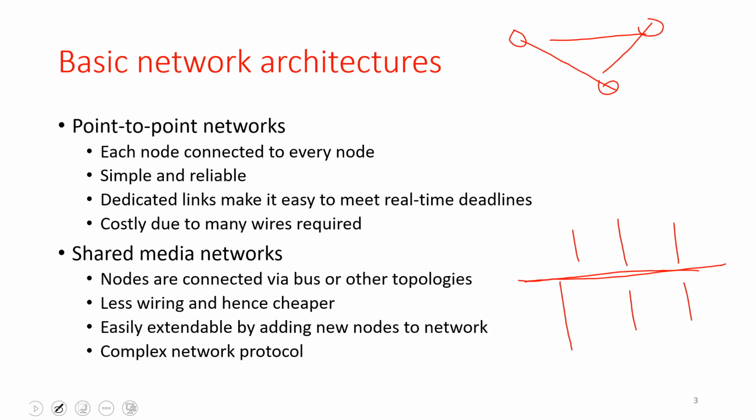And the advantage is, say for example, if you want to add a new node in a point-to-point network, now we have to create connections to all the other existing nodes. Whereas in the shared media networks, we just need to connect to that common bus or that common network. By that we can easily connect to the network.